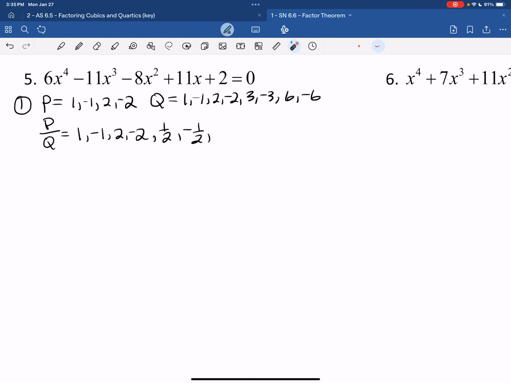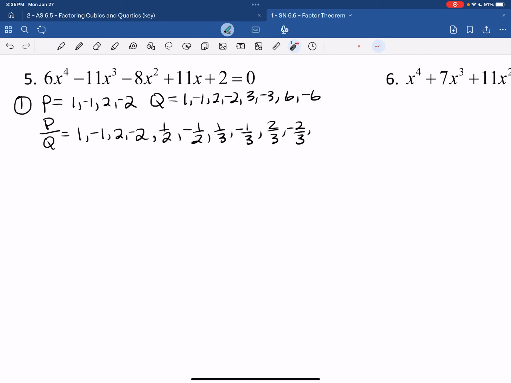Now we divide by 3. 1 divided by 3 is 1/3, -1 divided by 3 is -1/3, 2 divided by 3 is 2/3, and -2 divided by 3 is -2/3.